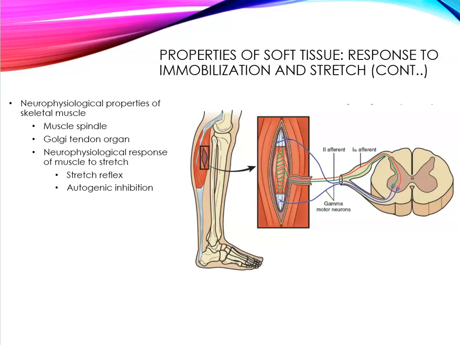Intrafusal muscle fibers connect at their ends to extrafusal muscle fibers, so when a muscle is stretched, intrafusal fibers are also stretched. Intrafusal muscle fibers can also contract, but only their ends, the polar regions, not their central portion, are contractile.